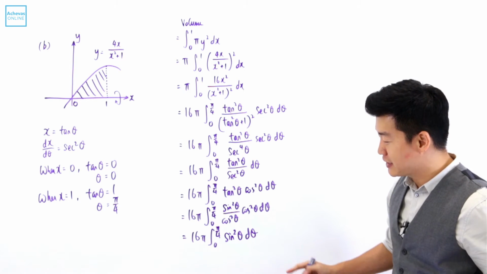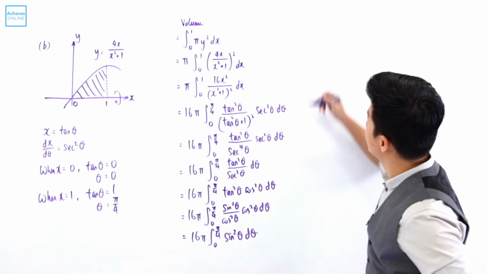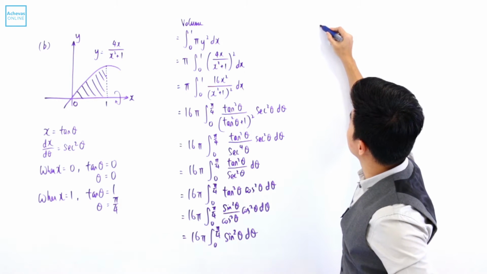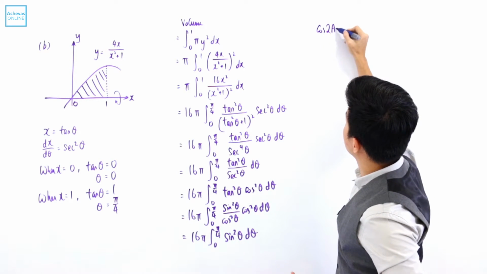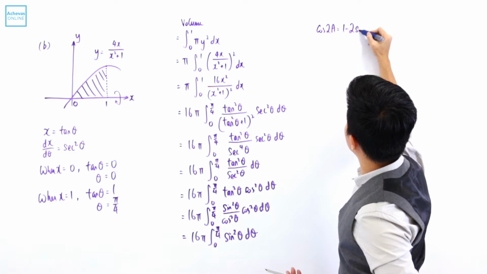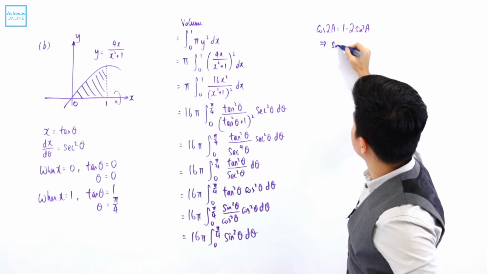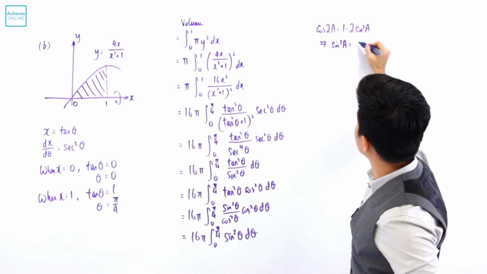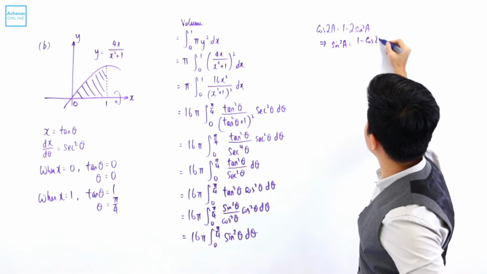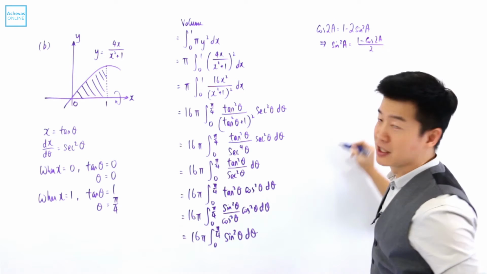And to evaluate this, I'm going to make use of trigo identity again. The identity that I'm going to be using is cosine 2a is equal to 1 minus 2 sine square a. So this tells me that sine square a is going to be 1 minus cosine 2a divided by 2.